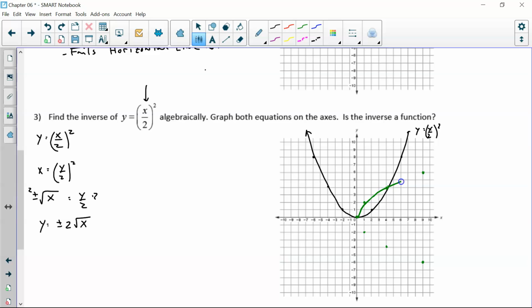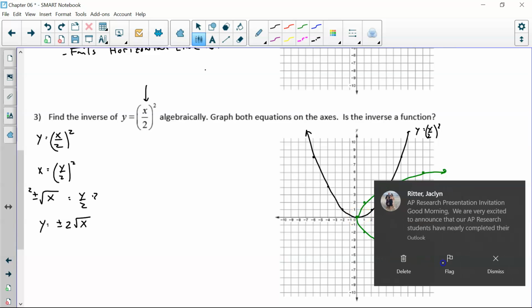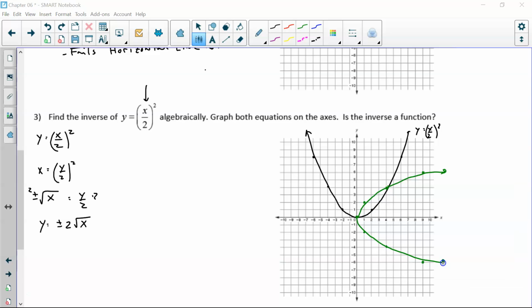So here, this green graph represents the inverse. And you can see the inverse fails the vertical line test. So the inverse is not a function.